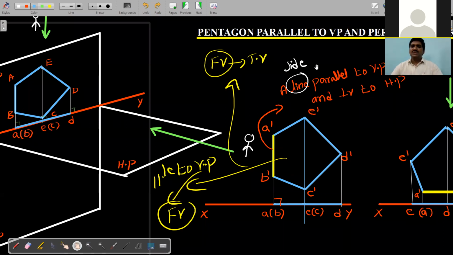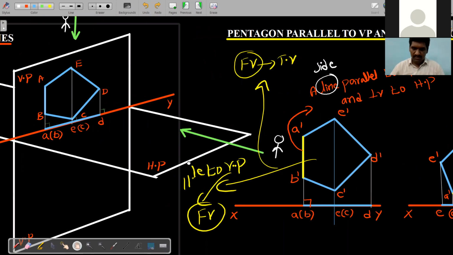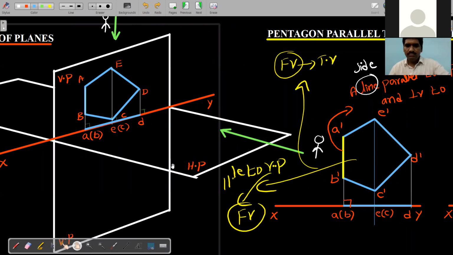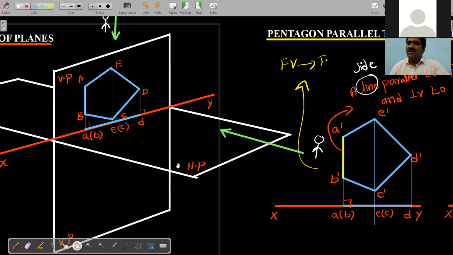Okay, right. So this is the case for a plane parallel to the V plane and perpendicular to HP. That is okay. Now all of you just see. Now I am going for the second condition.